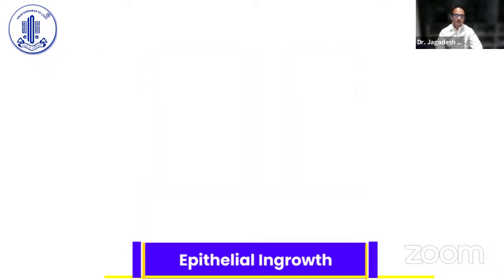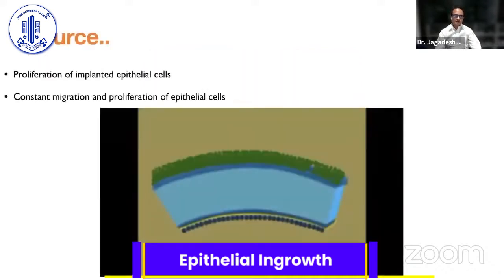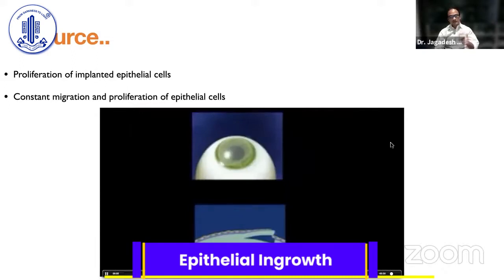When we look at the causes of epithelial ingrowth, these are either because of proliferation of implanted cells during the procedure, or because of constant migration or proliferation of epithelial cells, where there's a source supplying these cells with the help of a track to the interface. Either of these mechanisms can cause epithelial ingrowth.